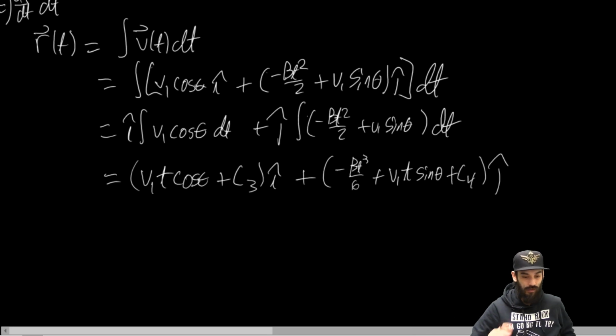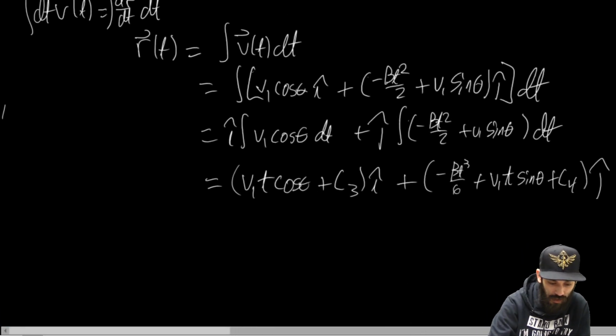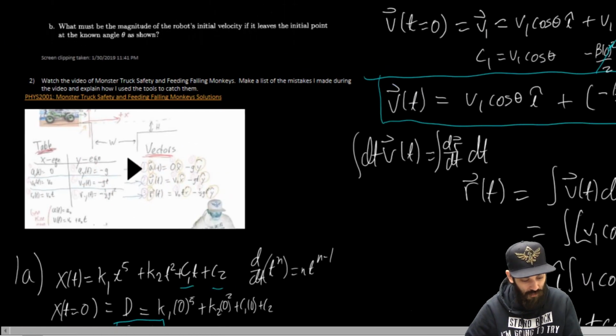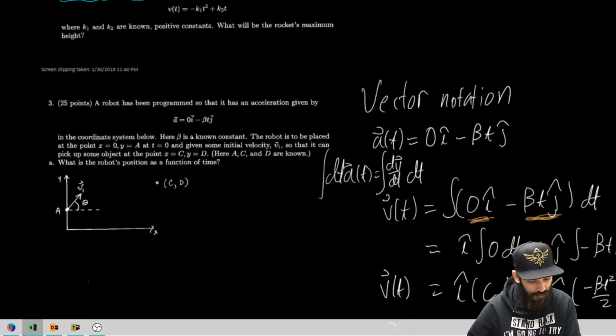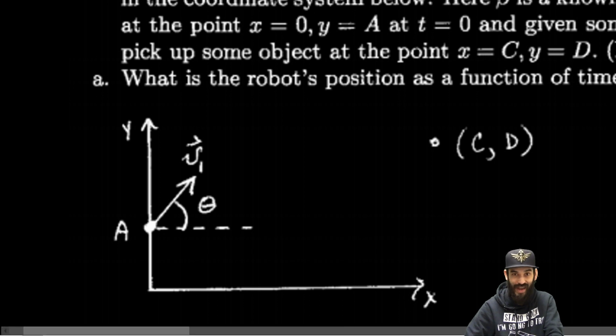Okay, so now the last thing that we need to do to get our position vector as a function of time is to say we have some conditions for this. We know that r of t is equal to 0 coming from our diagram here. This starts at the point 0, comma a.